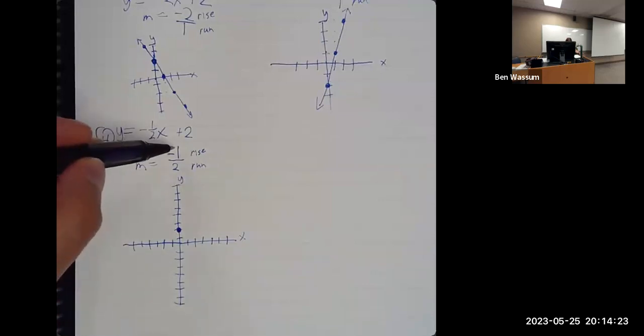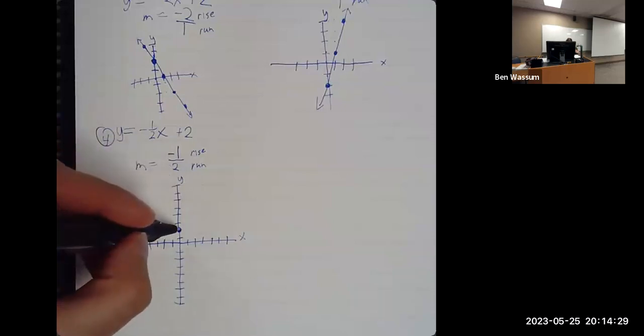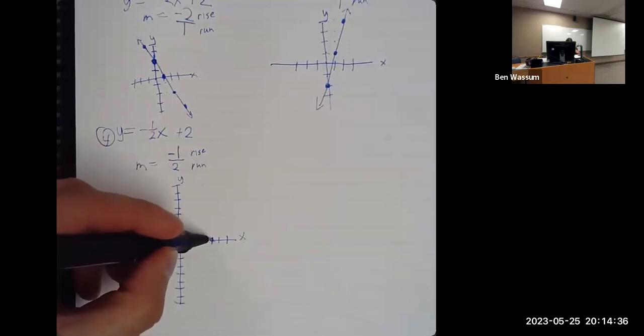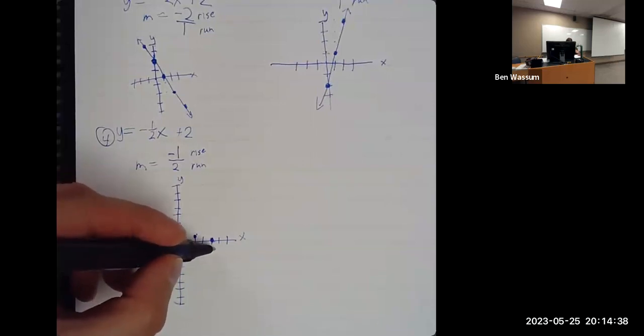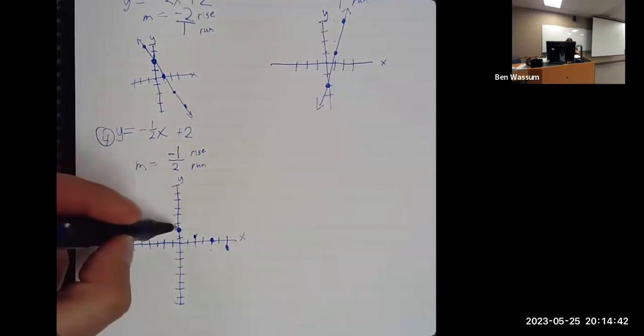Now my rise is going to be -1, so I'm going to go down 1, and then my run is 2. I'm going to go down 1 over 2. Down 1 over 2. Down 1 over 2. Like I said, I could also go up 1 and back 2.